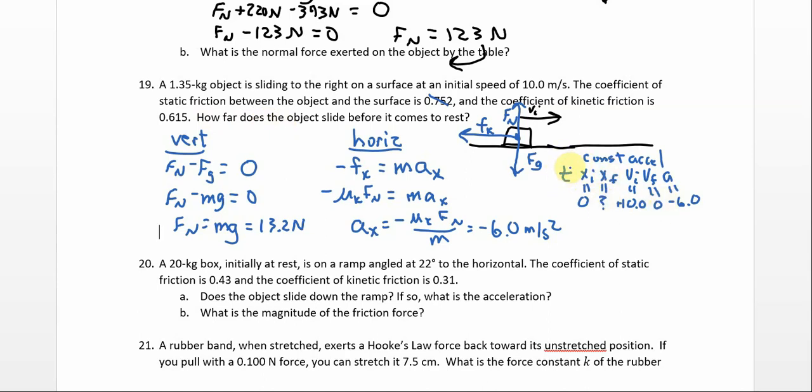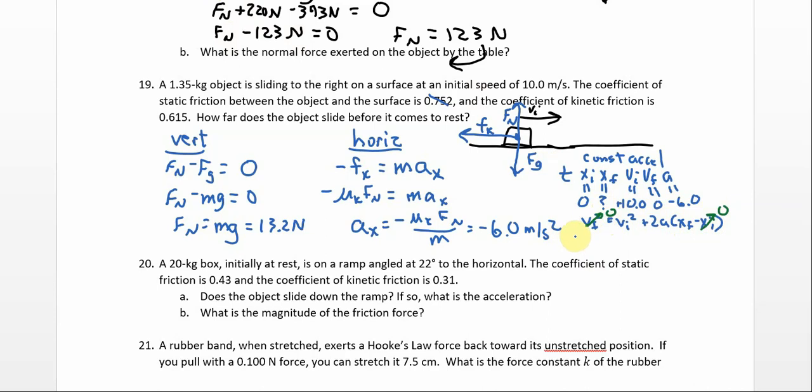Time is not playing a role here. We don't have it. We aren't asked for it. So we look at our constant acceleration formulas, and I think we want this one. We can put in a 0 here. We can put in a 0 here.